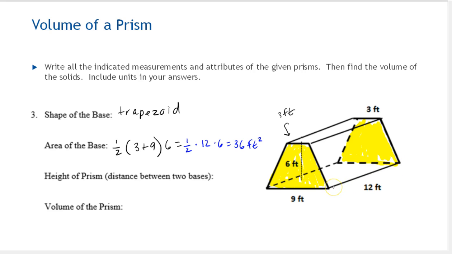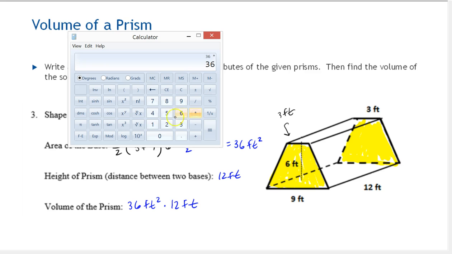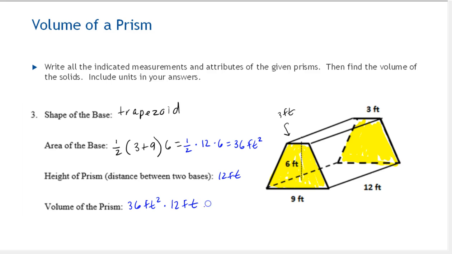The distance is 12 feet. And now we're going to find the product to find the volume. So we have 36 square feet times 12 feet. We'll use the calculator to compute this. 36 times 12. We have 432. And our units are in feet cubed.